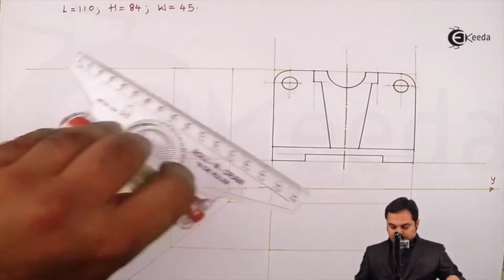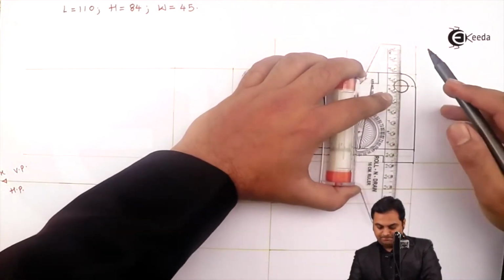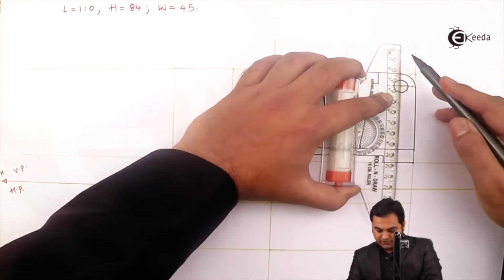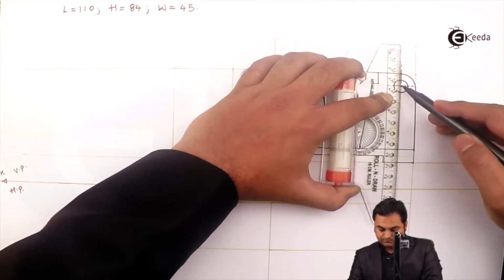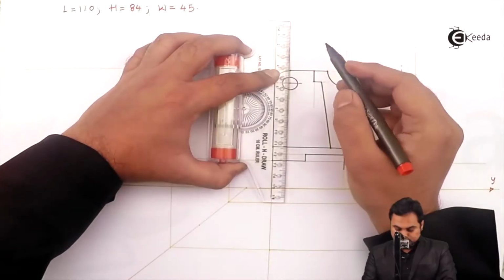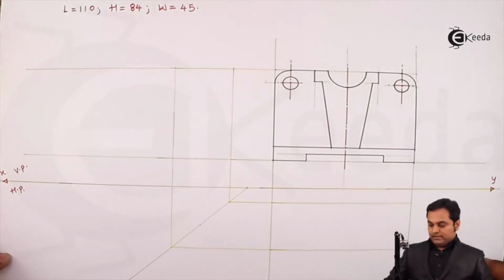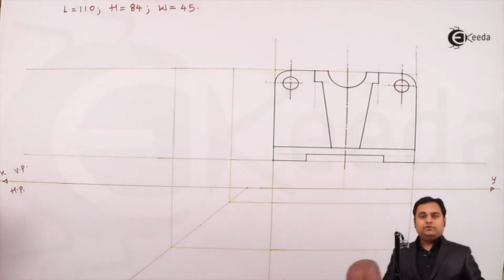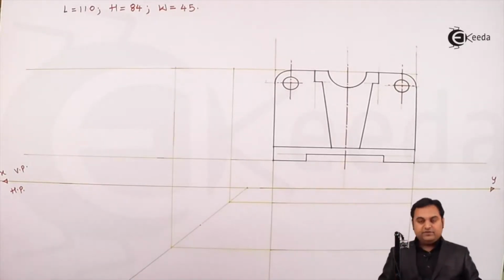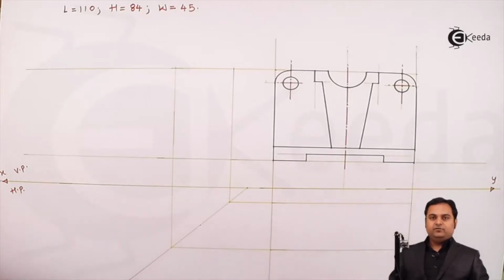So here I was marking the center line for these small circles. And now here the visible portion of the front view is completed. Next we have to see which things are hidden here that I will be drawing.